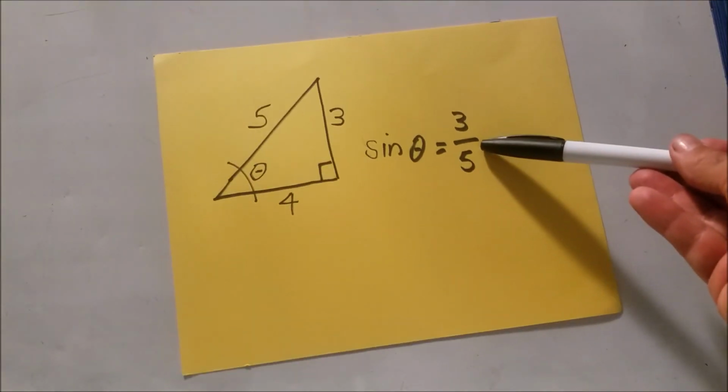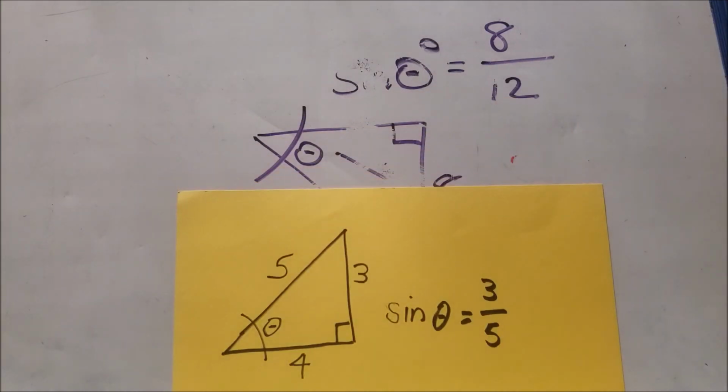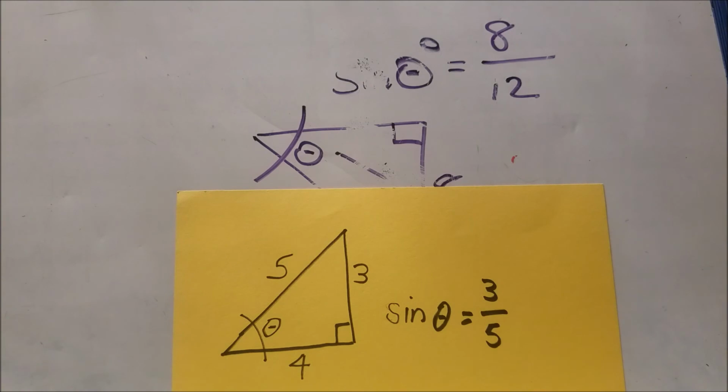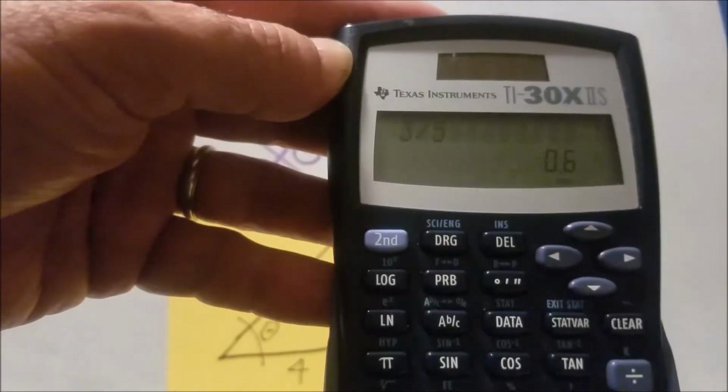So we'll clear this out. And we're going to press 3 divided by 5, because it's 3 divided by 5 as it falls down. So I'm going to do 3 divided by 5 on the calculator. And we know how to do that. And you know we get 0.6.